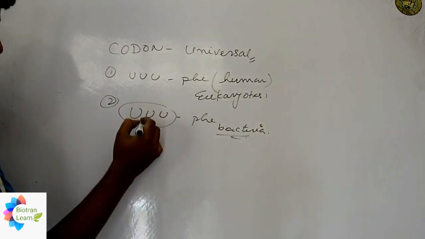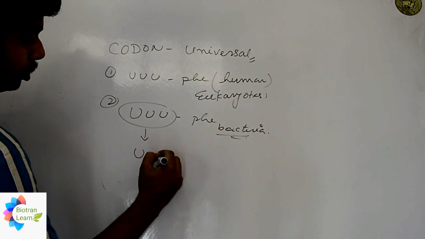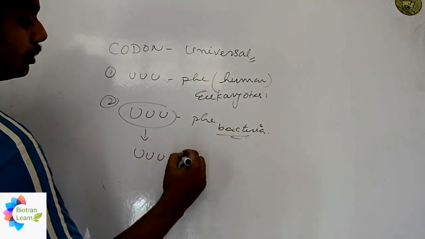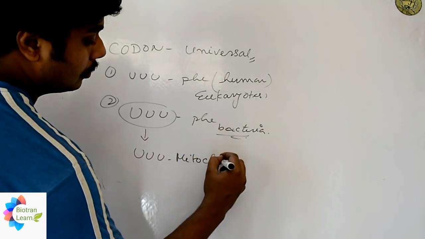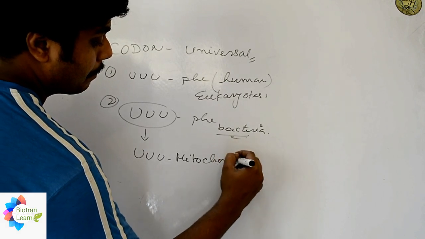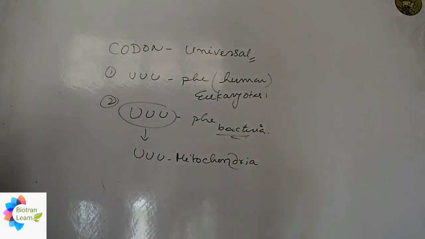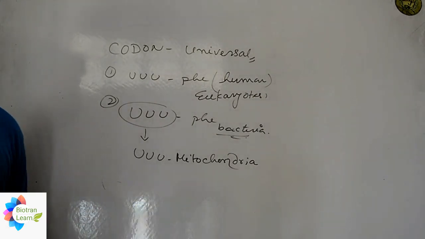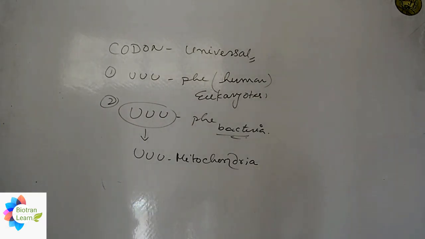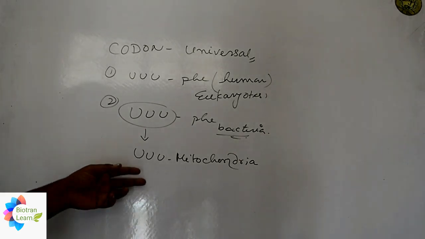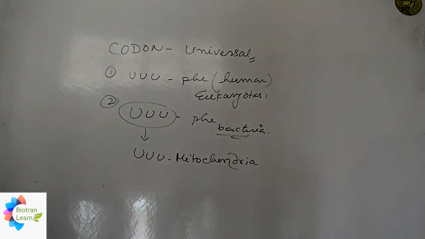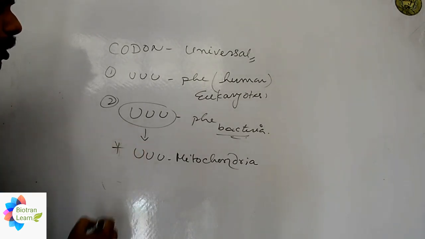But this particular codon UUU, in case of mitochondrial DNA, mitochondria, we will find that it will produce a different kind of amino acid sequence, which will lead to an exception in this story, right?